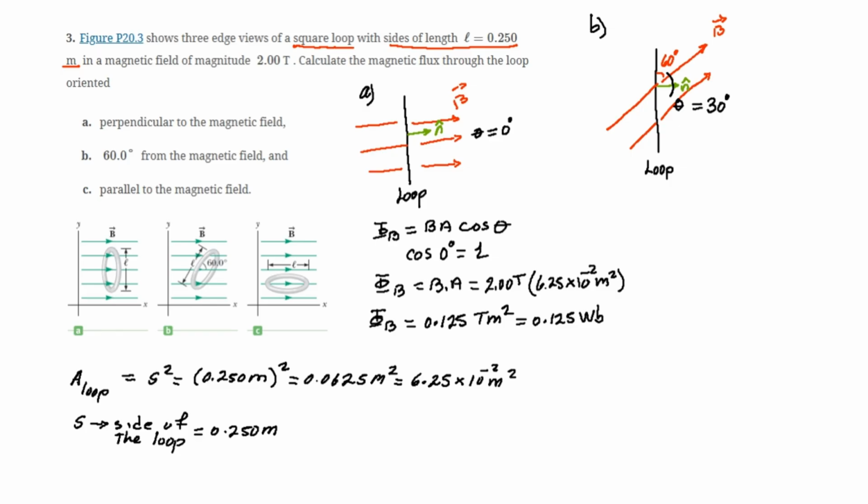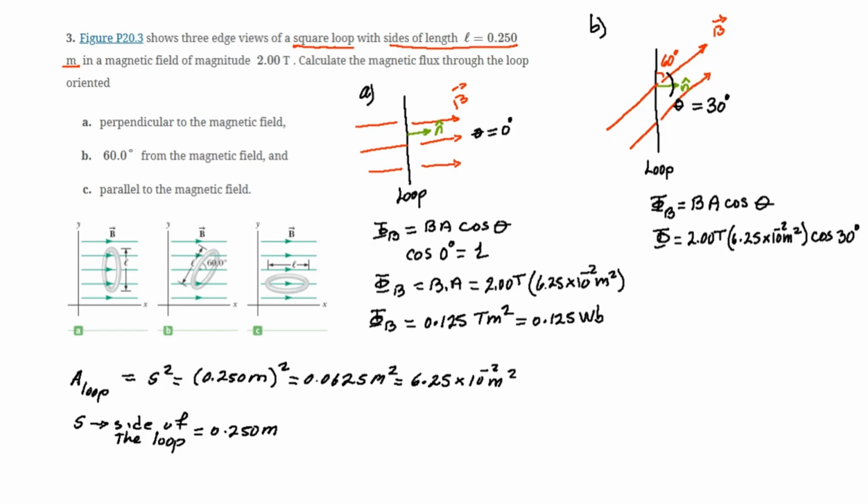So in this case, I have to use the same equation. Magnetic flux is equal to BA cosine of theta. Now, it's going to be 2 Teslas times the area, 6.25 times 10 to the negative 2 meters squared, times the cosine of 30 degrees.